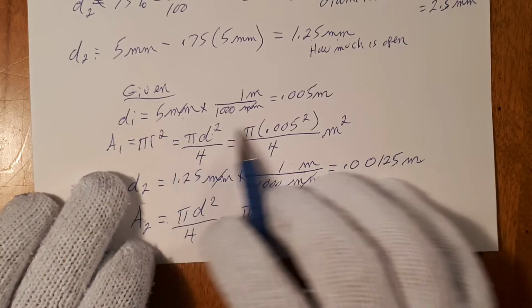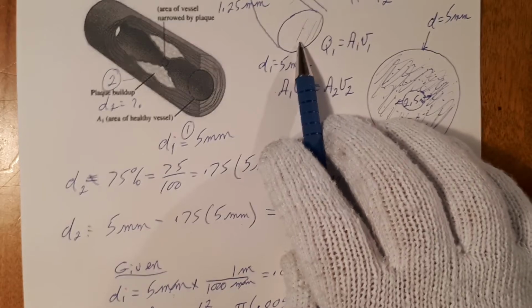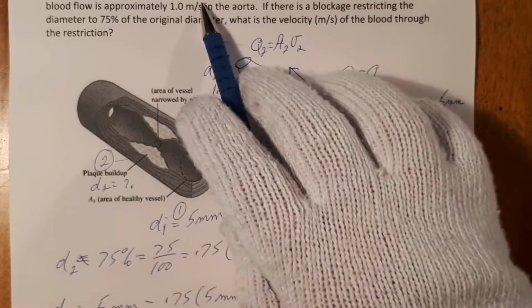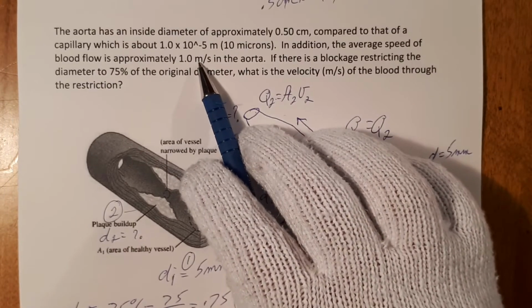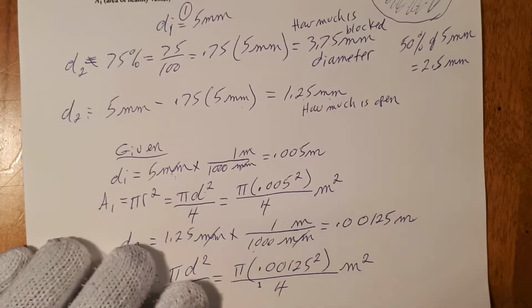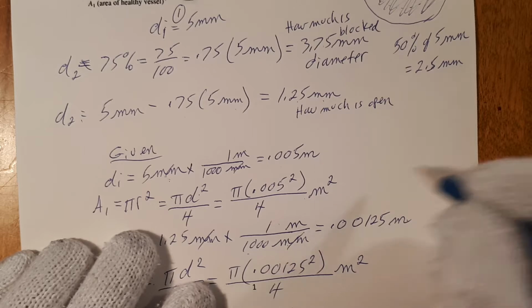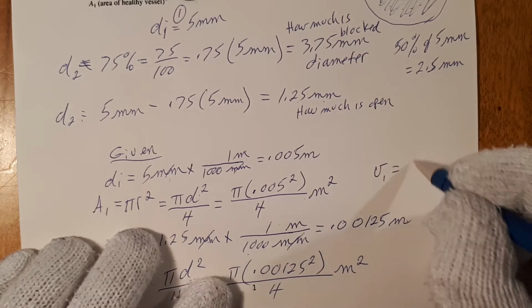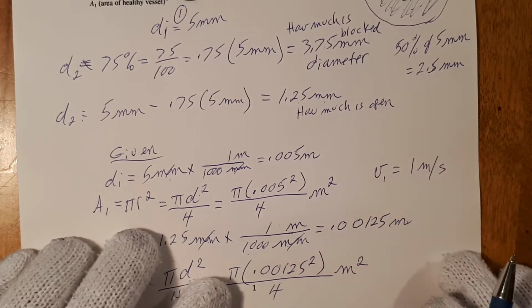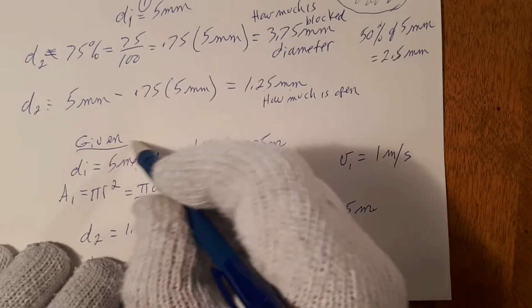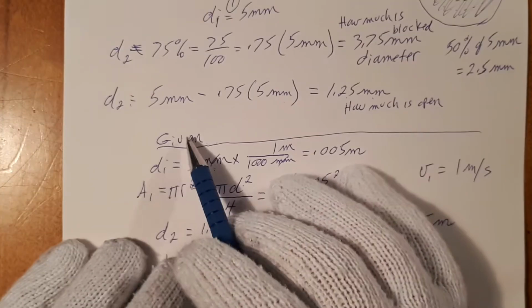Also, we know here at the entrance, right there, the velocity is given to us as 1 meter per second. So the speed of the blood entering the aorta, just prior to the blockage, is equal to 1 meter per second. Again, this is our list of givens.